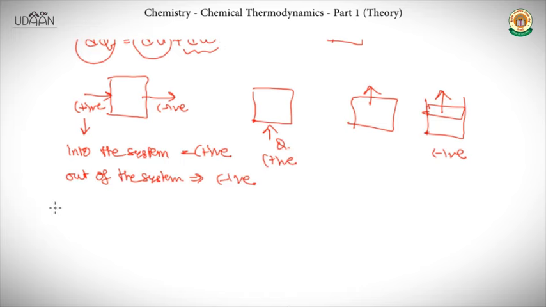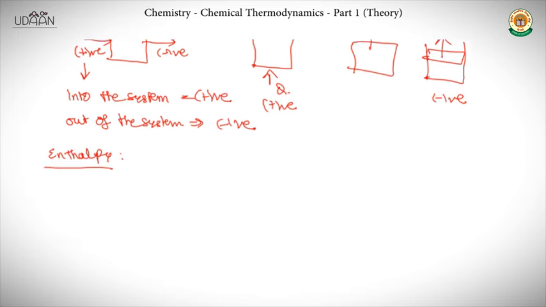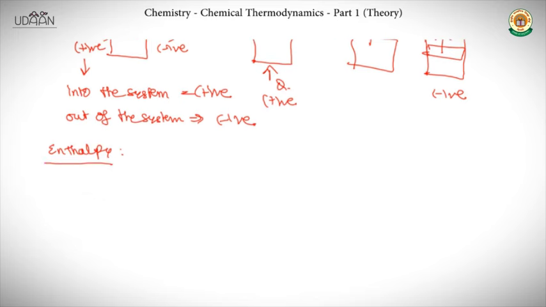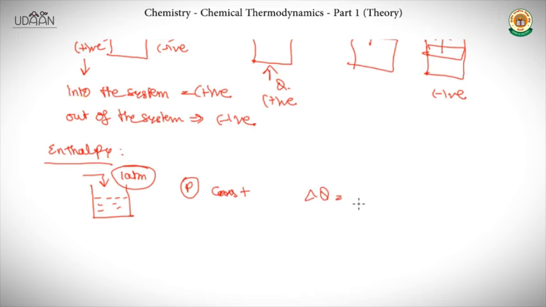Now we talk about enthalpy, a new term. What is enthalpy? In chemistry, most of the reactions we do in open vessels, which means we are doing reactions at atmospheric pressure, which is constant. They are constant pressure processes. So at constant pressure, from the first law of thermodynamics, we know that dQ equals dU plus dW.